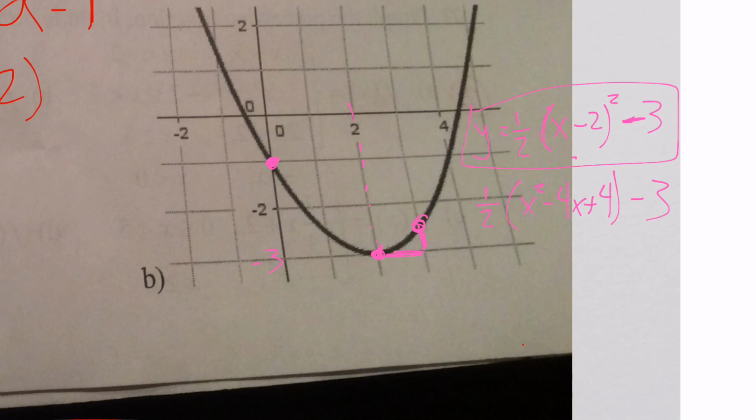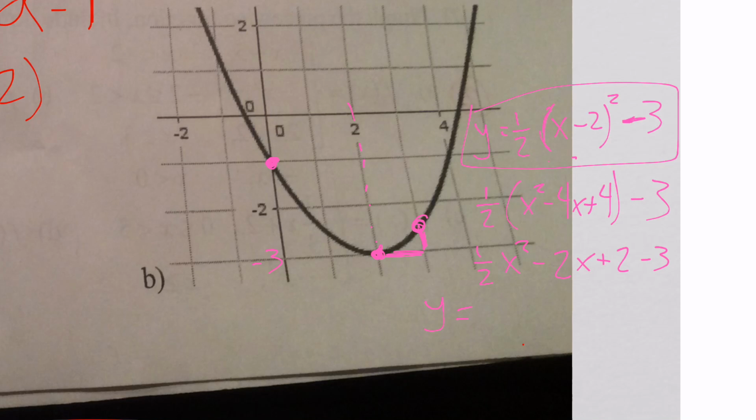And now I am going to multiply that 1/2 in. So I will get 1/2 x squared minus 4 times 1/2 is 4 divided by 2, 4 over 2 is 2x, plus, again, 4 times 1/2 is 2. And then I still have my minus 3.